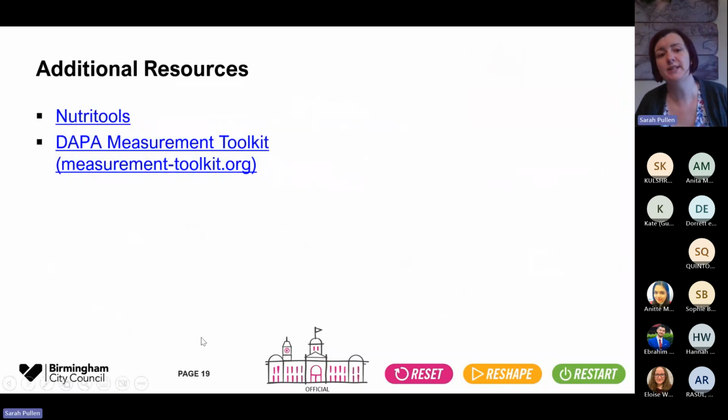There are some additional resources here. Within these links, there's NutriTools and there's the DAPA Measurement Toolkit. Within both of these is a very comprehensive list of lots and lots of different tools that might support you with measuring the impact of interventions. Some of them are more designed for academia and universities to deliver and might feel a little bit heavy, but other ones are more accessible.